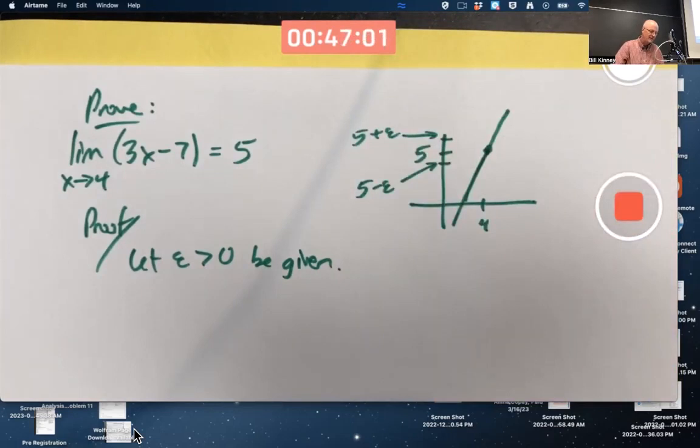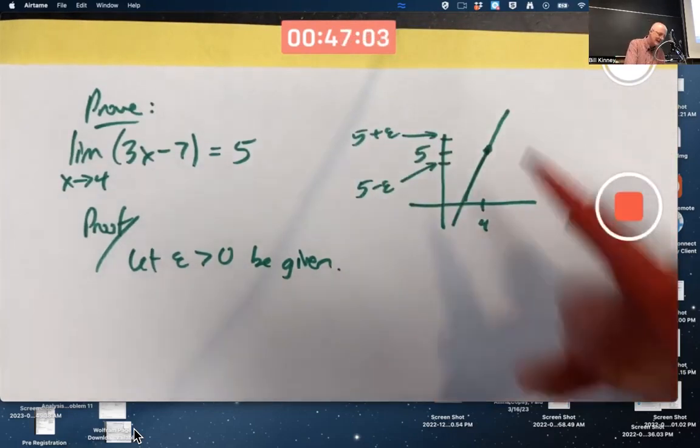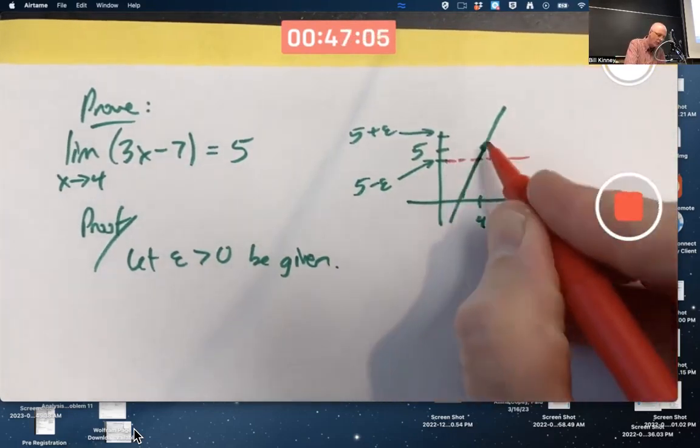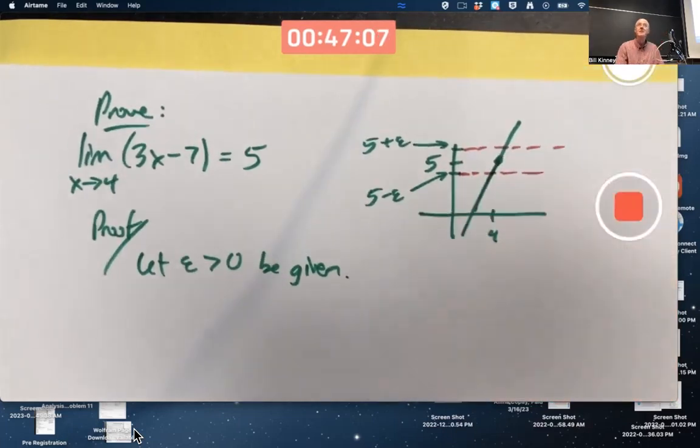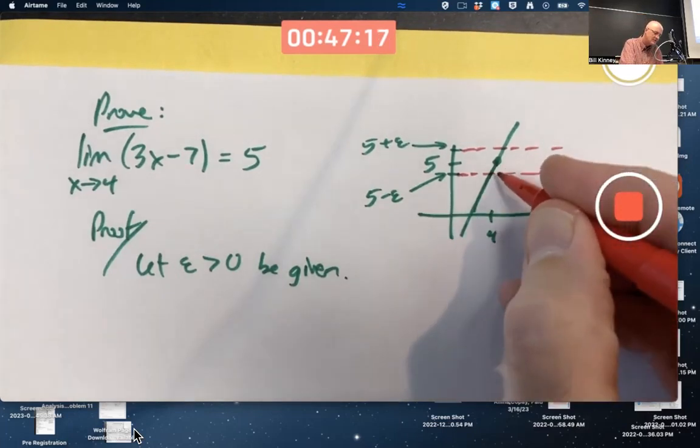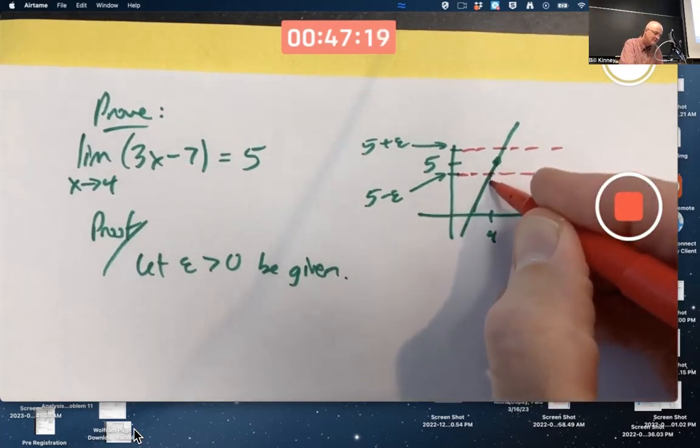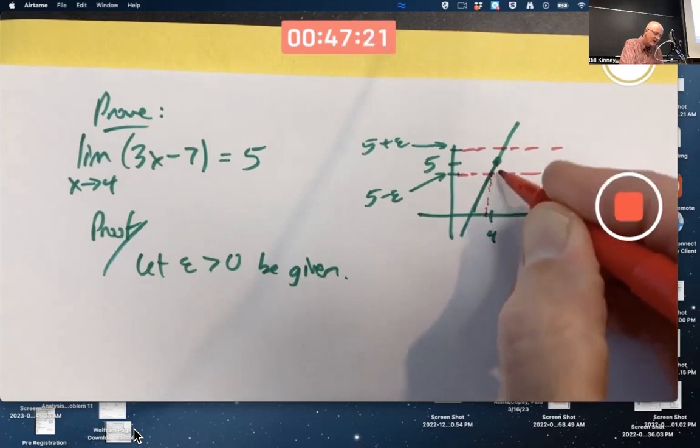I want the outputs to be in this range of y values by making x sufficiently close to 4. And the question is, how close to 4 does x need to be? Well, in the picture, maybe about this close to 4.